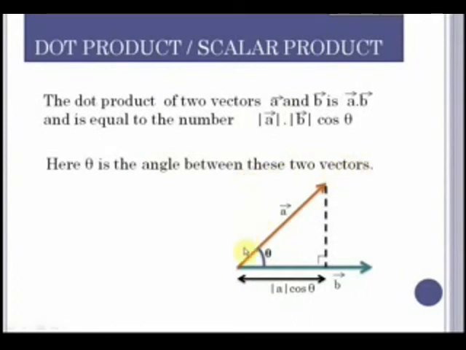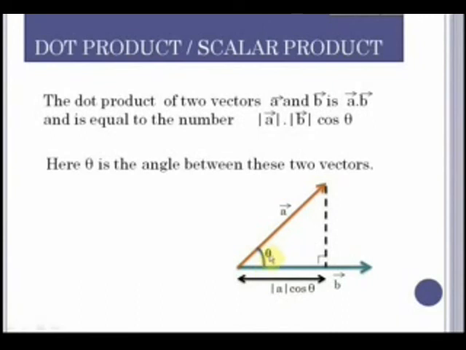So if we say that this is any vector A and this is any vector B, and that theta is the angle between these two vectors, then A dot B is equal to modulus of A vector into modulus of B vector into cos theta. This is called the magnitude of vector A and this is called the magnitude of vector B. Now if we closely look at this figure, this is a right angle triangle.